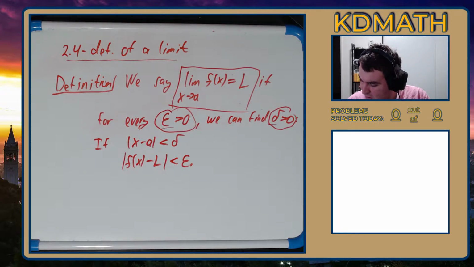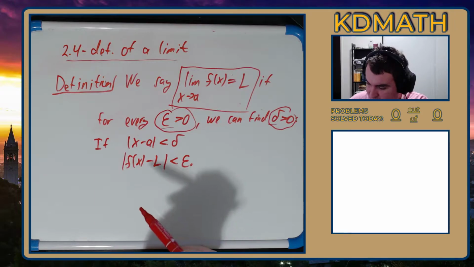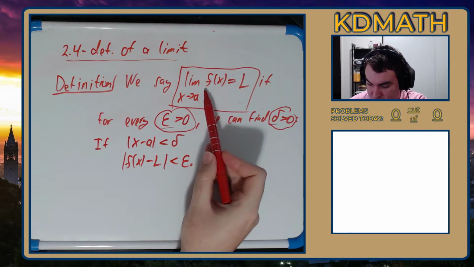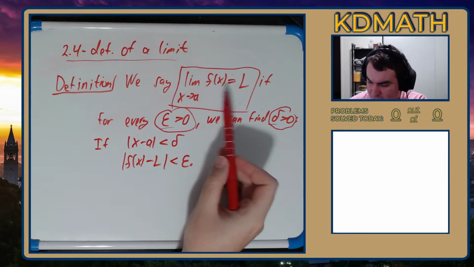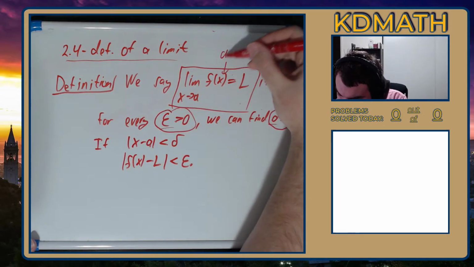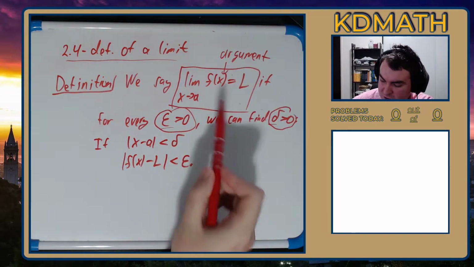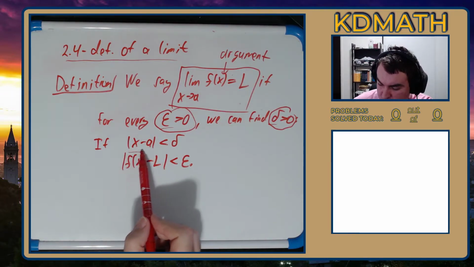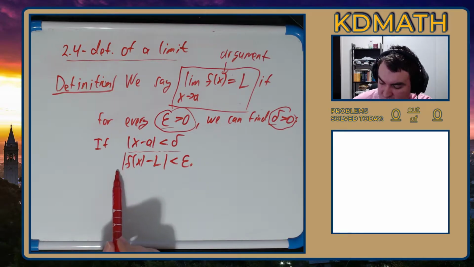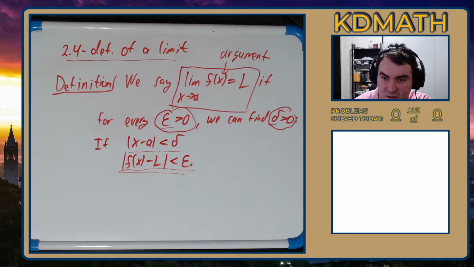So let's understand what's going on here. What this definition is telling us is that the limit of a function is L as your argument, which is what we usually call the argument, gets closer and closer to a, the function gets closer and closer to L. And this is the intuition that section 2.3 in Stewart was trying to teach you.